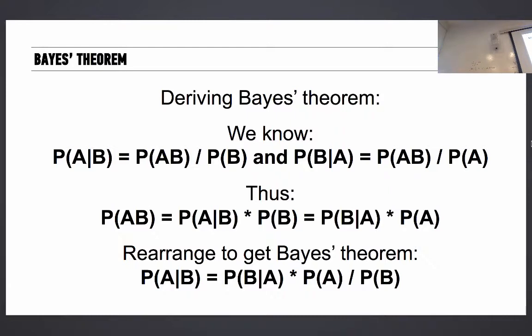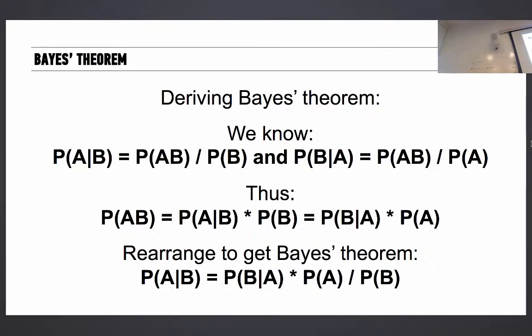I've just restated what I put down here for the purposes of erasing this. Are there any questions about these two formulations? These are the two examples we just did. Now I'm going to put them together like Bayes' theorem.